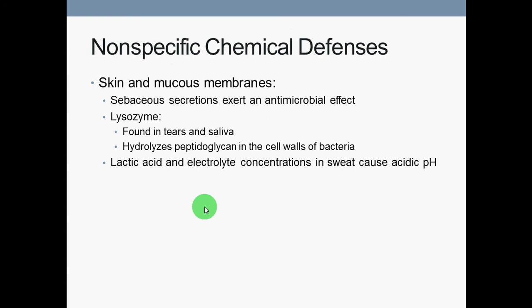Also, on your skin and mucous membranes, there are different secretions that can help to protect you from microbes. For example, on your skin, you have sebaceous secretions. These are kind of the oily secretions that you get. These have an antimicrobial effect, so that can help protect your skin from microbes taking hold.